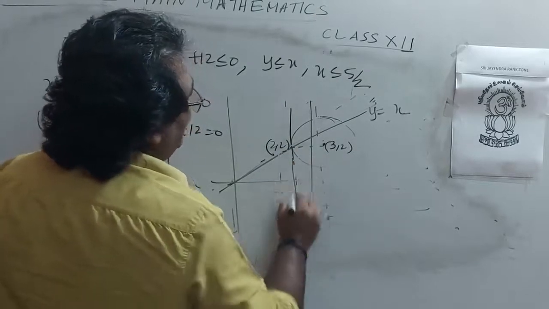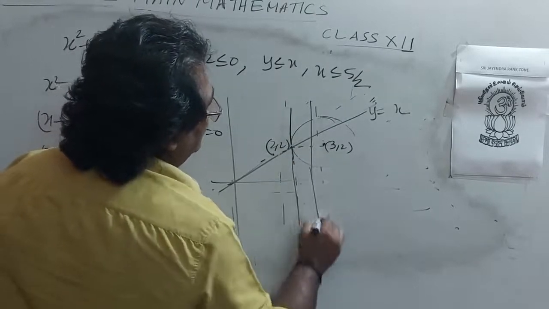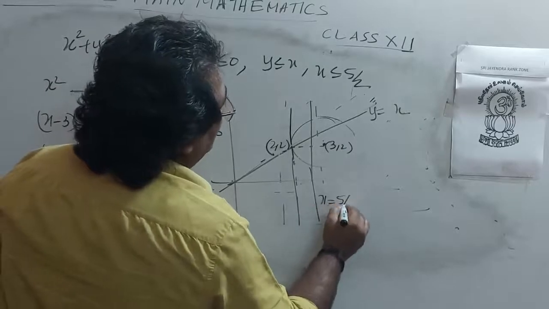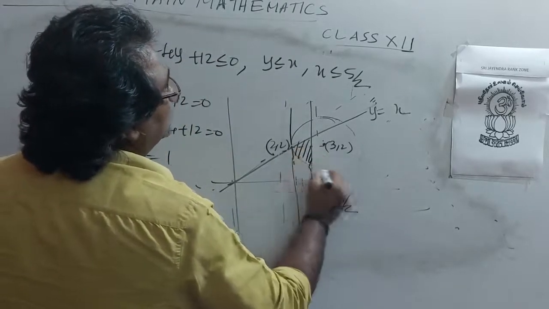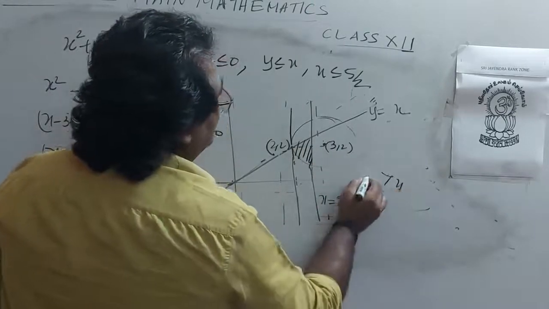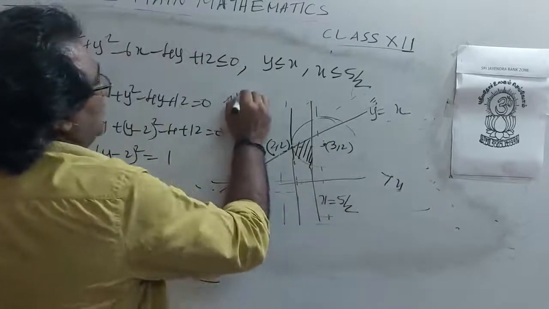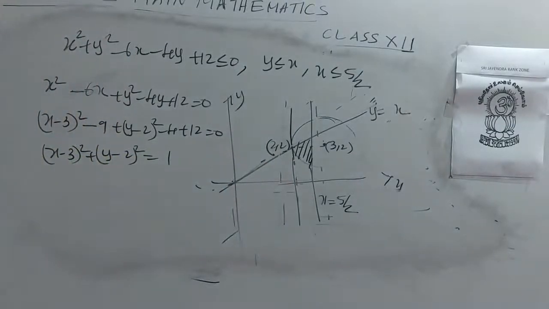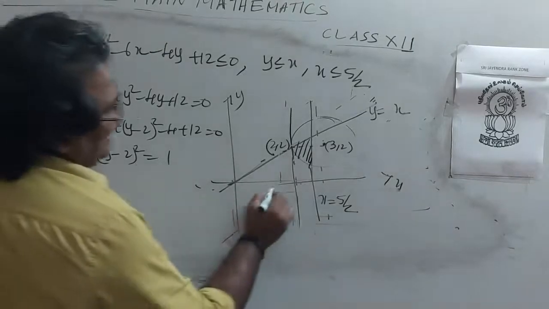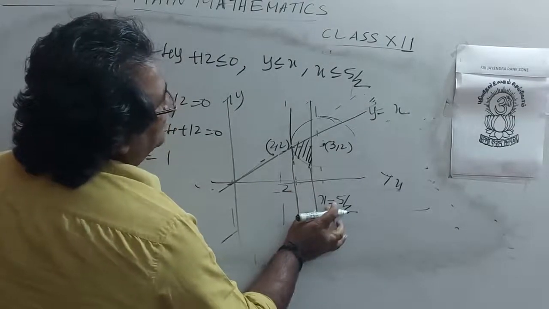In between you can draw a line, that is x equal to 5 by 2. So this portion only you are going to find. For x, here 2, here 3, and 5 by 2.